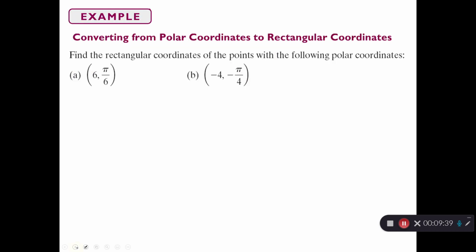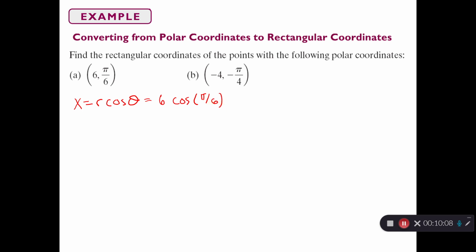All right, so our first example is 6 comma pi over 6. So we're going to use x equals r cosine theta. R is 6, and then we need the cosine of pi over 6.